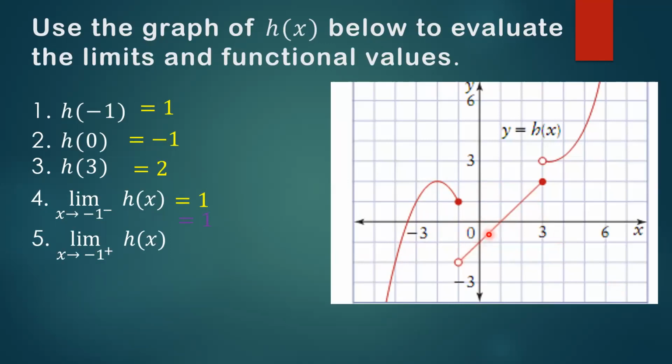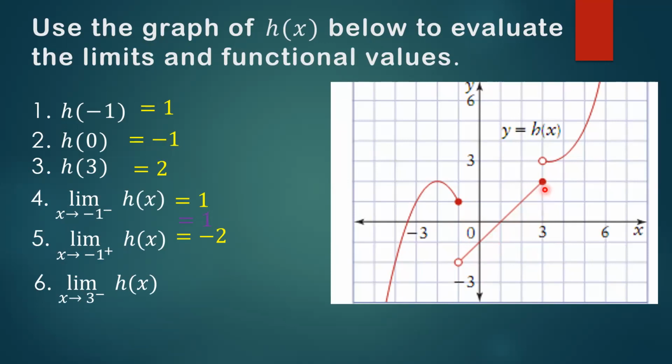As it approaches -1 from the right, it gets very near to this hollow point. So what y value or functional value is it approaching? It approaches the value -2.